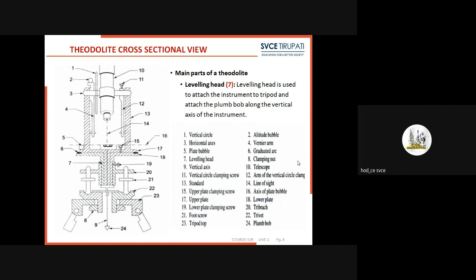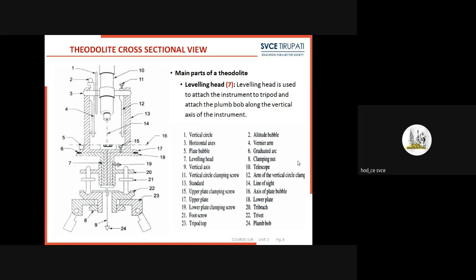So, what is the first one? Number one indicates the vertical circle. Okay, so it is represented as 0 to 90, 90 to 0. Next, two is the vertical bubble, right?